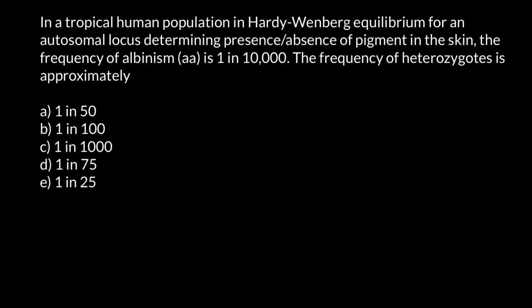So we are going to use the Hardy-Weinberg formula in order to solve this problem. In this formula we have two alleles in the population for this particular locus, allele P and allele Q, squared.